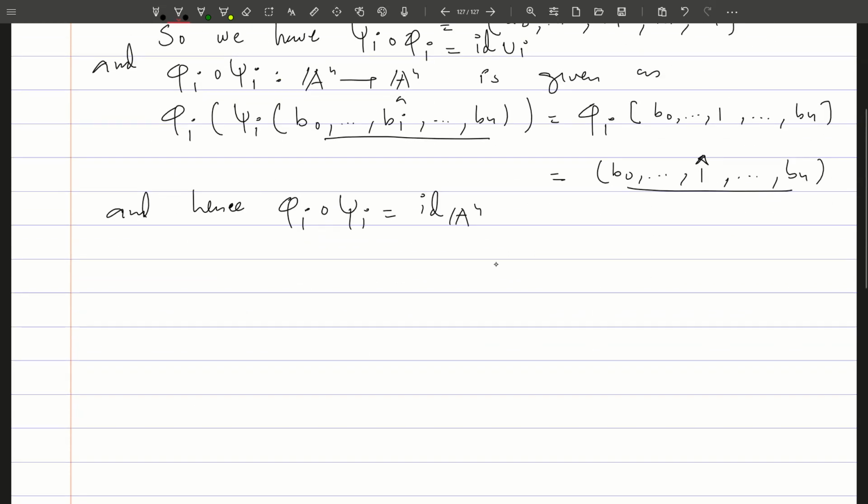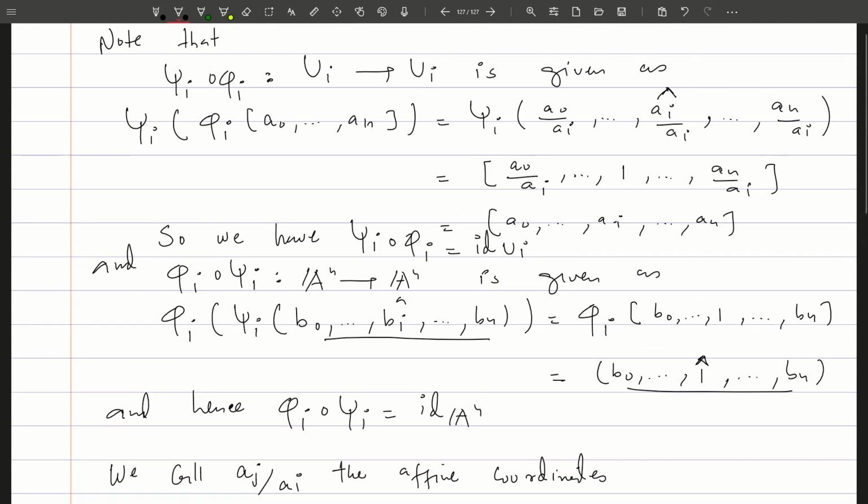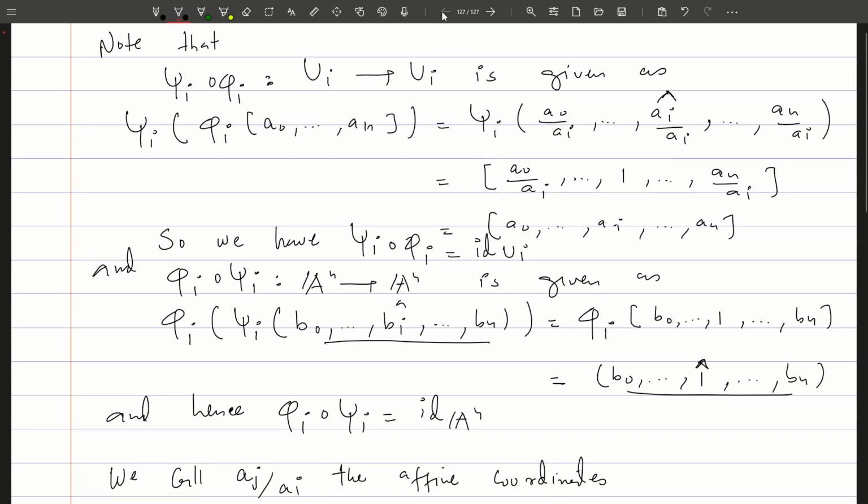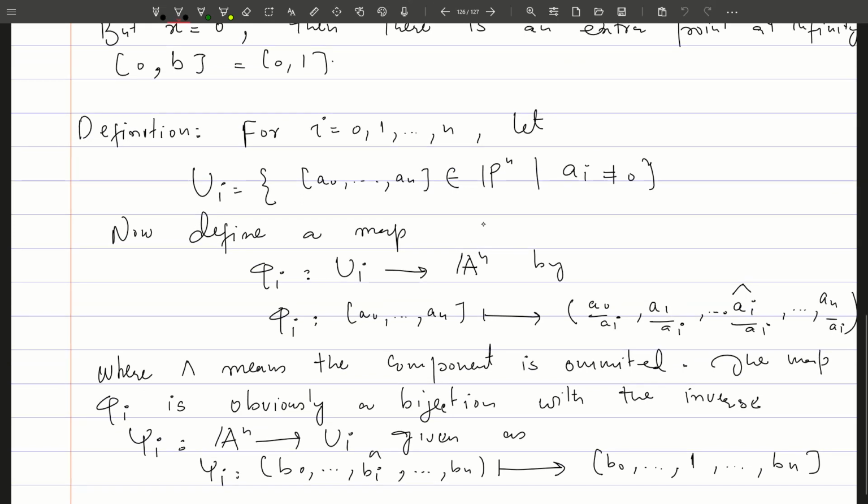So one can remark this over here. When defining this map, we call these aj by ai's the affine coordinates of this point a naught through an.